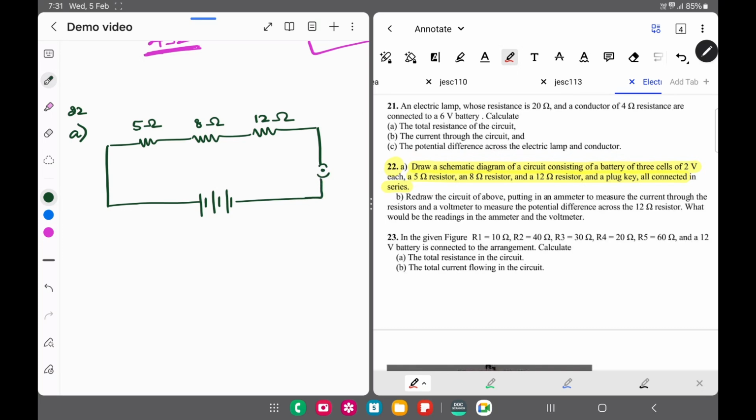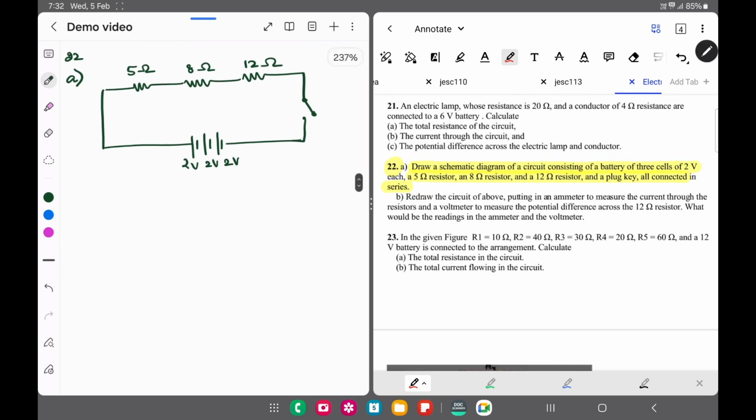Plug key, you can also draw using another symbol like this. So this is the 3 2 volt battery and the 3 given resistors connected in a circuit. All these are connected in series as they said, and then you have to draw the plug key. Okay, that is also done.